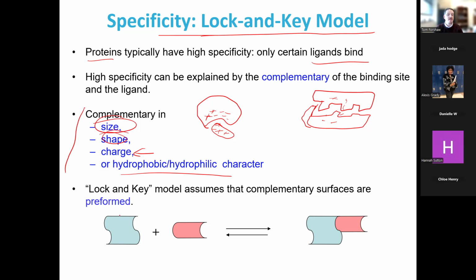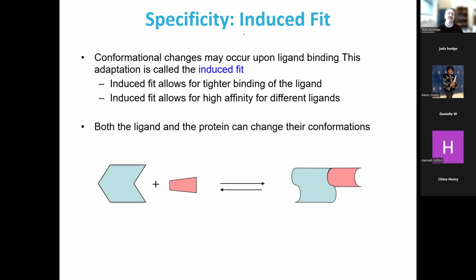But the lock and key is that the protein and the ligand will suit each other nicely to bind. And they'll form a perfect formation. What we now know instead is the induced fit model. And the induced fit model is that things will be somewhat complementary, but they become more complementary upon binding.